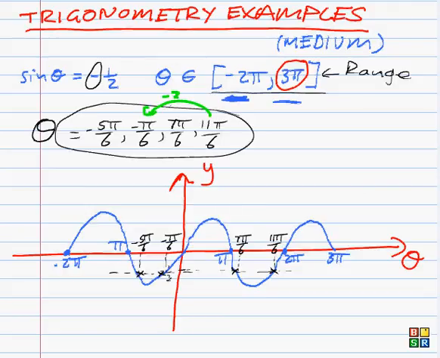The distance of 2 pi between these two solutions is the same as the distance of 2 pi between these two, because of course sine is 2 pi periodic. It repeats itself every 2 pi. Okay, so that's a medium level example.